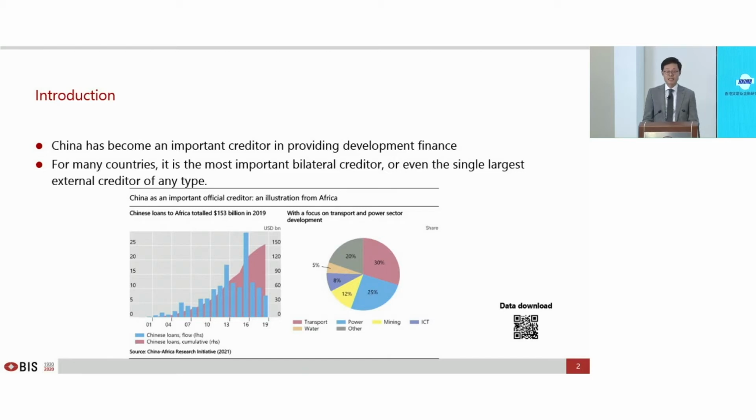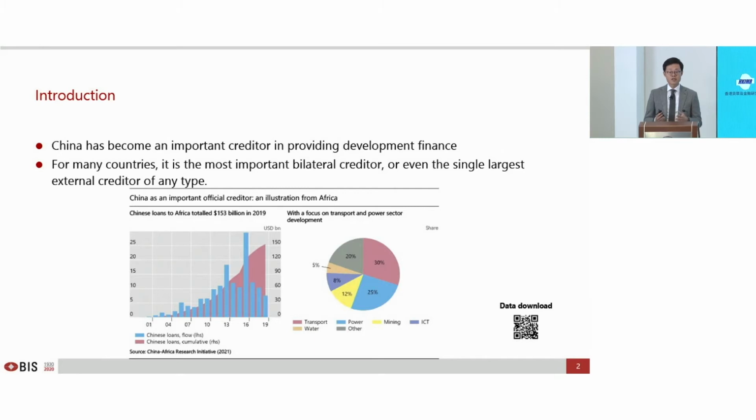You can see that up to 2019, China provided 153 billion US dollars in loans to African countries. If we look at the evolution, the blue bars over time, we can see that there's even acceleration from 2015, 2016 after the launch of the Belt and Road Initiative.